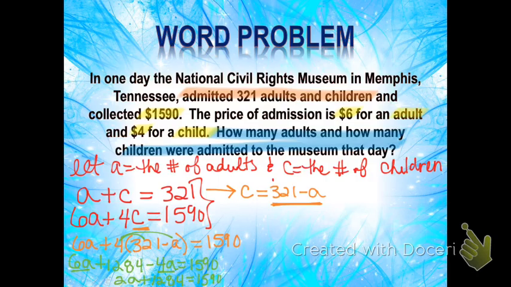And then I'd need to subtract. I'm going to come over here because I'm kind of running out of space. I'm going to subtract 1,284 from both sides of the equation so I can start to get all of the variables on one side and all of the constants on the other. And then I can divide both sides by 2. And I get that A equals 153.